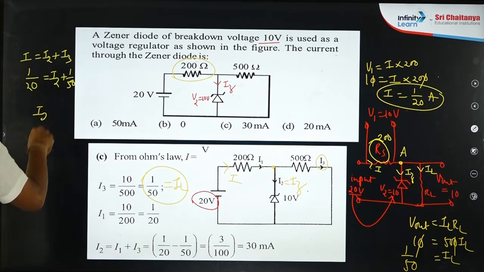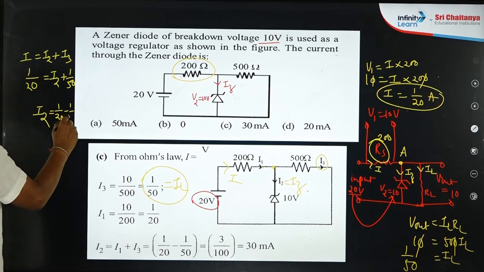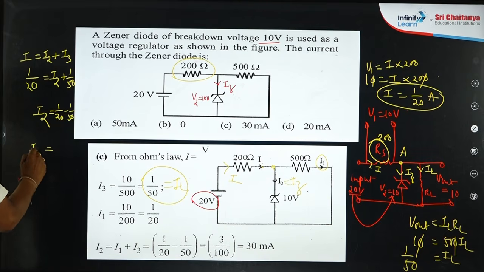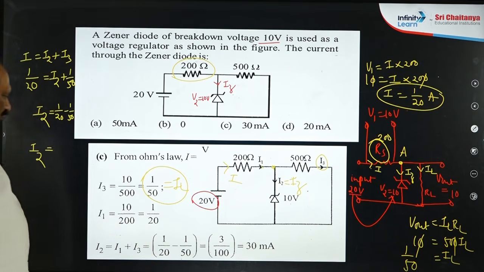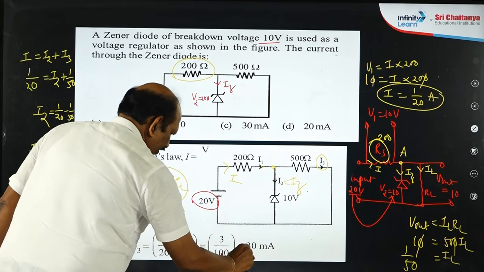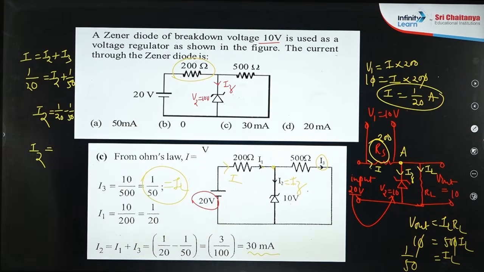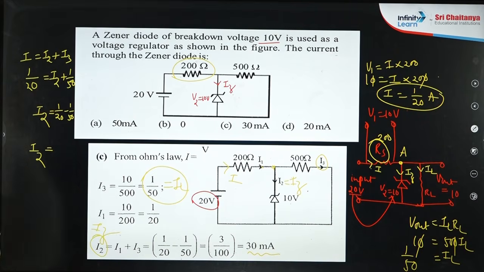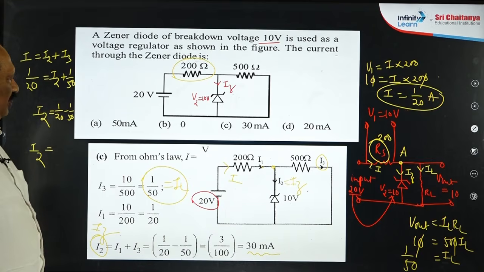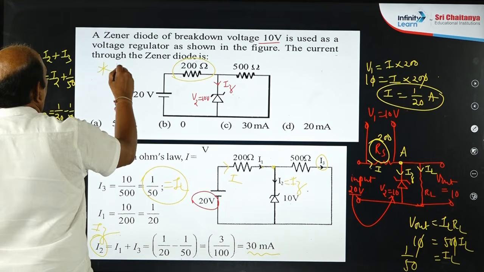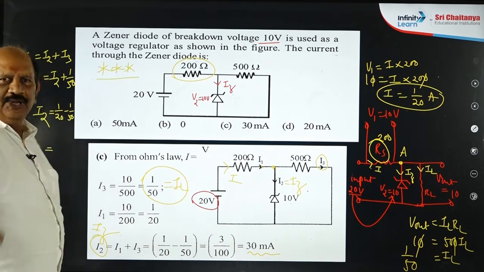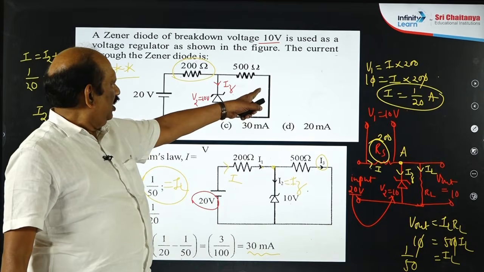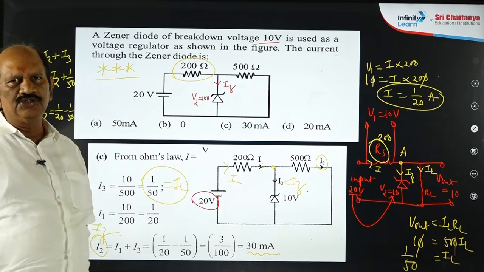So I want I2, bring 50 this side. So 1 by 20 minus 1 by 50, after calculation 3 by 100 or 30 milliampere. This is Zener current. Very, very important model. You can expect one problem on this, on Zener diode. We are applying 2 times Ohm's law: Ohm's law at load resistor, Ohm's law at series resistance.